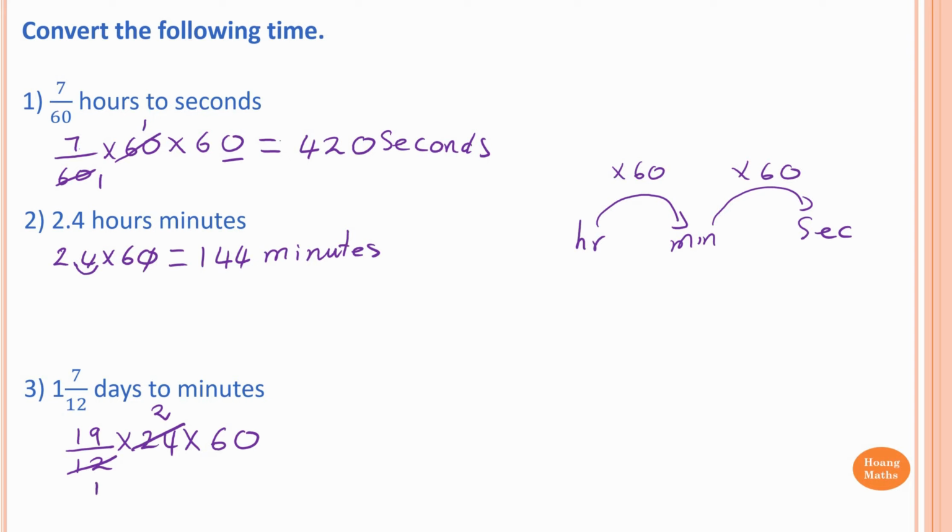And I can just go 2 times 19 is 38. So 38 times 60, I just times 6 only, and I put a 0 at the end. So 6 times 8 is 48, carry the 4, and 6 times 3 is 18, add 4 is 22. So the answer is 228, and don't forget to put a 0, which is 2,280 minutes.